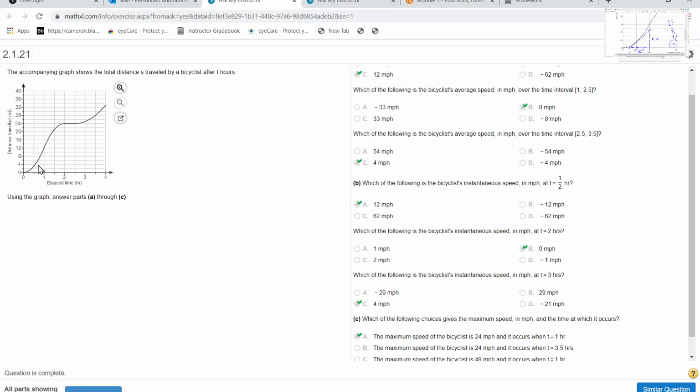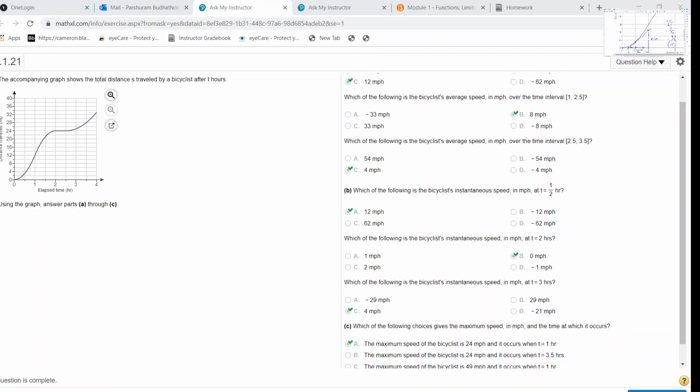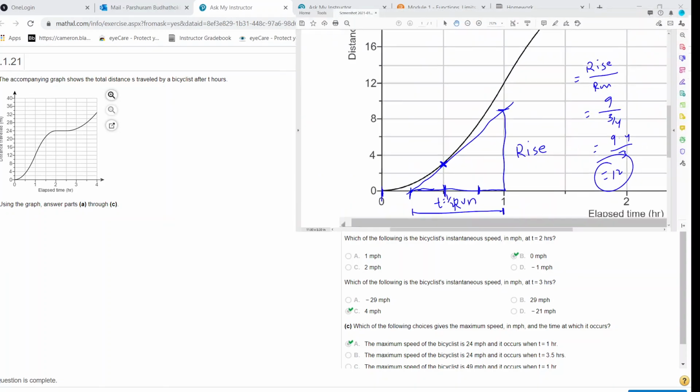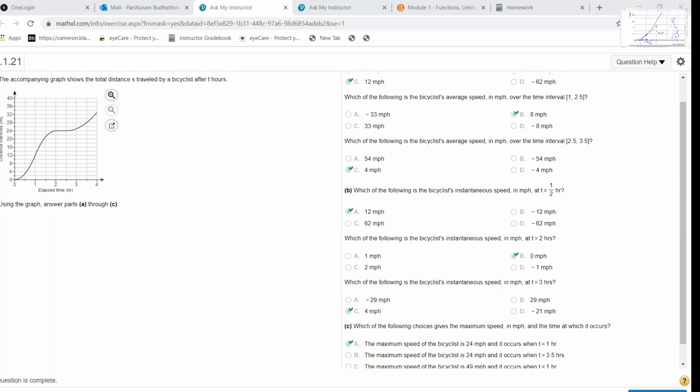The speed is distance over time at that point. So 62 miles would be very high, and as we found from the picture here, the rate of change, or that slope, is 12 miles per hour. Okay, so that's the answer for your question.